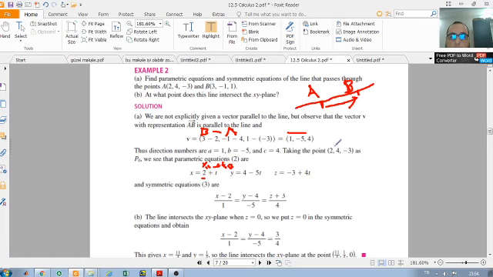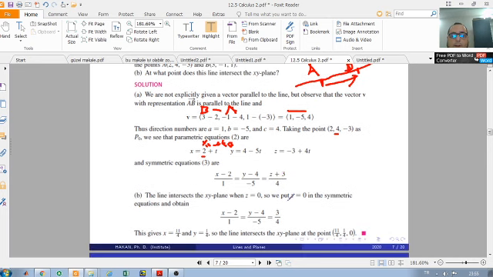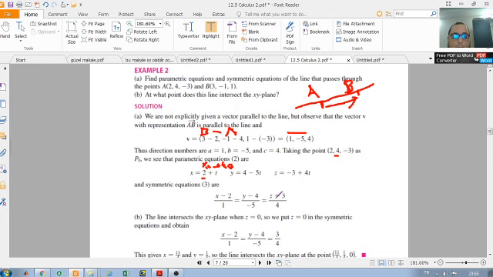So x0 is equal to 2, which is the first component of the point, and the first component of the direction vector is 1, so x is 2 plus t. Similarly, y is equal to 4 minus 5t, and z is equal to minus 3 plus 4t. And the symmetric equations from here: (x minus 2) over 1, (y minus 4) over minus 5, (z plus 3) over 4.